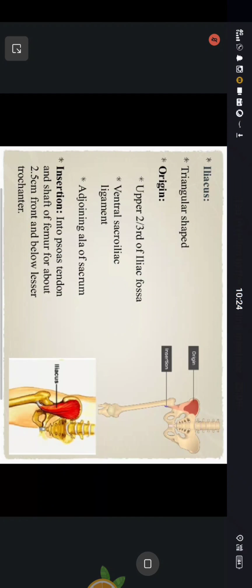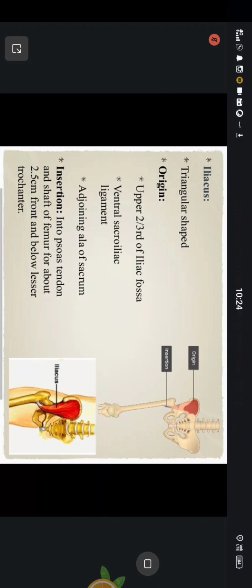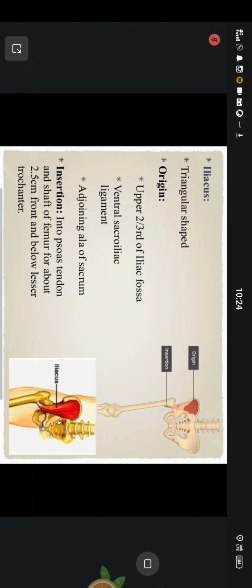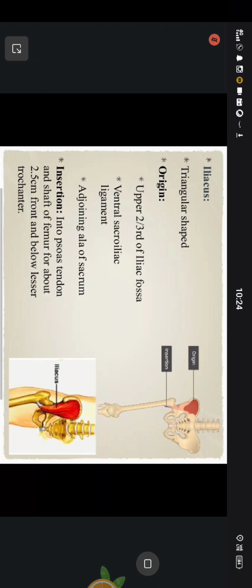Regarding the insertion, these fibers run downwards, converge, pass below the inguinal ligament, and are inserted into the lesser trochanter along with the psoas major muscle.